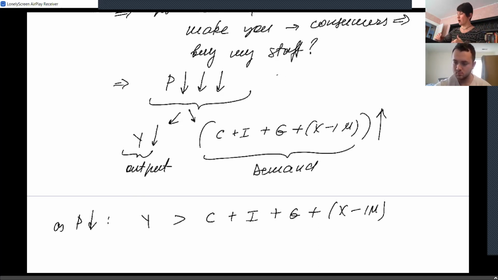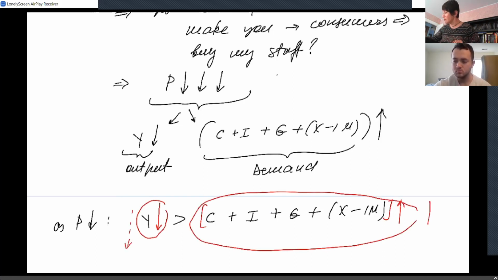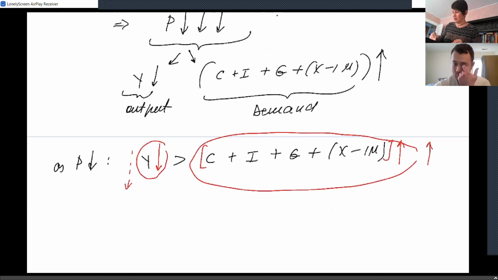So as price drops, the output, the left-hand side number, is going to shrink because at a lower price producers will be making lower profits. But the right-hand side, the demand, will increase. This number used to be too big, but now it's dropping. This number used to be too small, but now it's increasing. What does it mean?